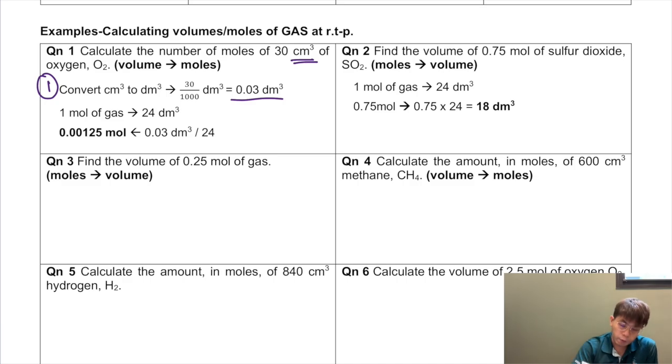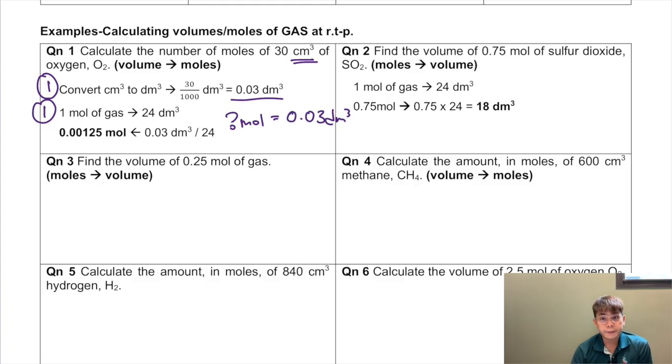Now the real step 1. 1 mole of gas is 24 dm cube. What is the number of moles of 30 cm cube? Question mark mole, I don't know the number of moles. 30 cm cube is 0.03 dm cube. I know that 1 mole of any gas is always 24 dm cube, as given in the periodic table.